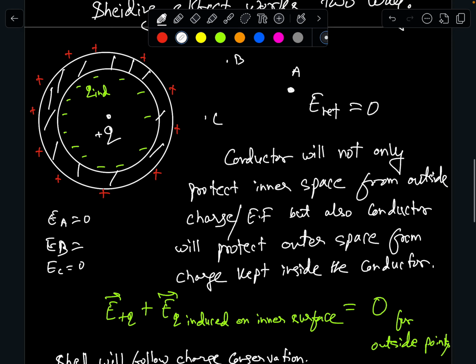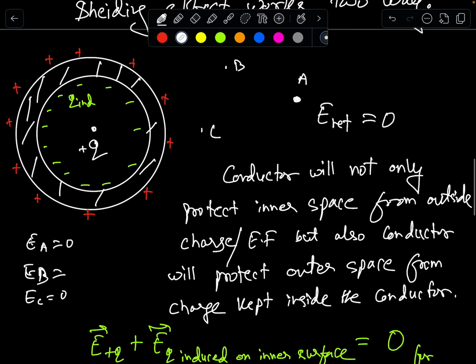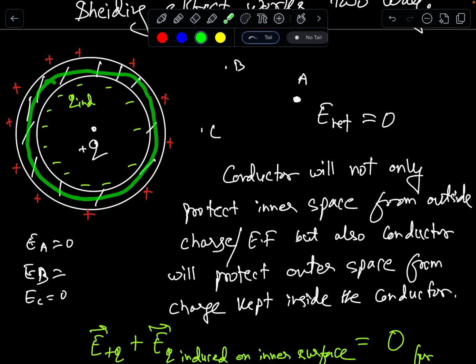If you apply Gauss law, if you remember, Gauss law will say that if you make a hollow sphere here inside the material of this conducting shell, then Gauss law ensures that if the electric field everywhere is 0, then the total charge inside will be equal to 0.